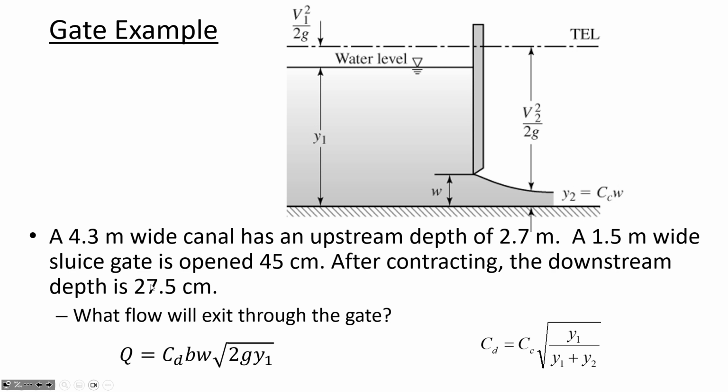So find C sub C. The definition of C sub C you can get right here from the diagram. So C sub C is Y2 divided by W. Next, you'll calculate the discharge coefficient. So then find C sub D, and then finally find Q.